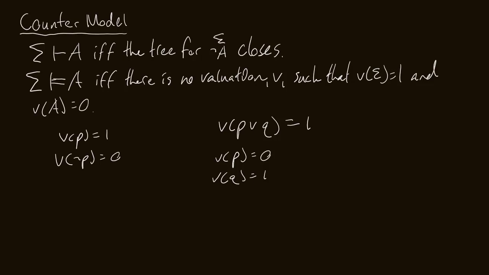To show it's invalid, we will assign valuations, as we just did with ones and zeros, to every parameter in question that shows up in our conclusion or premises, and we will show from the valuations through a branch that our premises will be true and the conclusion will be false.